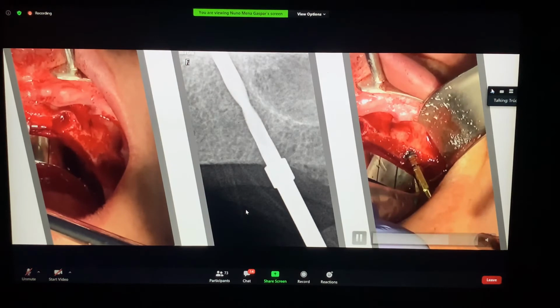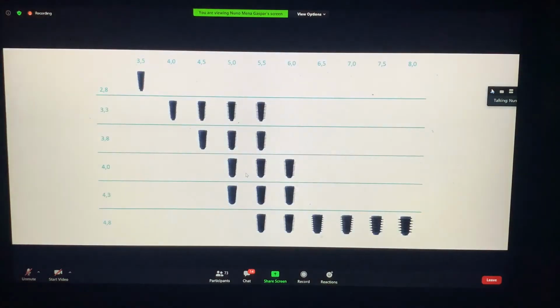Okay. So in Enrich we have a bunch of sizes. We have progressive thread sizes in the same core. Okay, so this is what we call the normal size implant. This is the 4.0 implant, and with the same core, 3.3, you can have bigger and bigger threads.